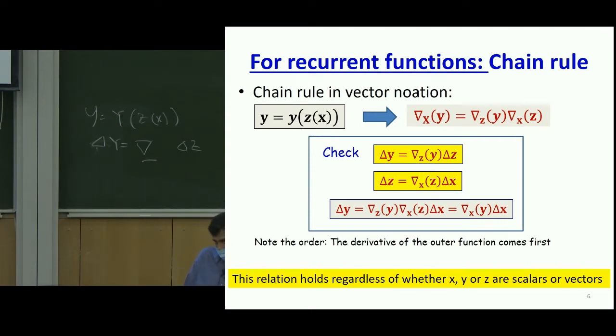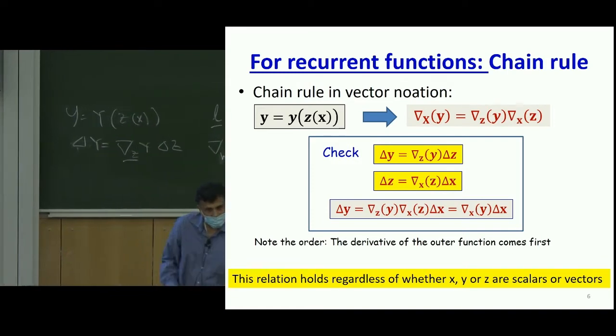What would that be? You know the answer. Somebody else? Okay, I'll help you with this one. This is simply going to be the derivative of y with respect to z, correct? Everyone clear about this, right?